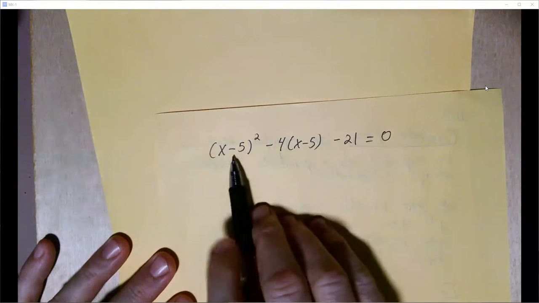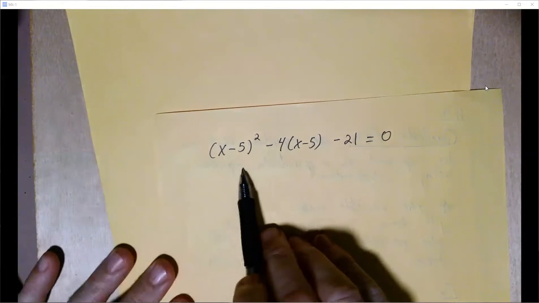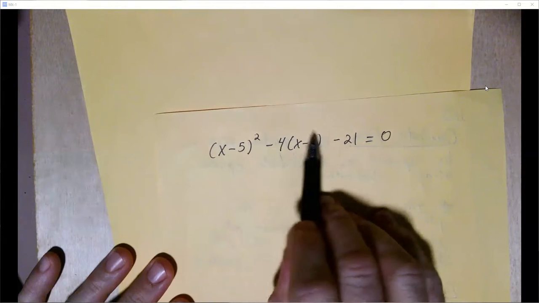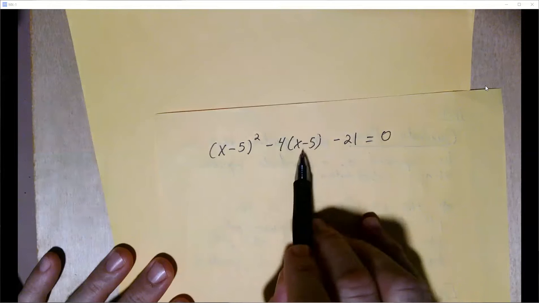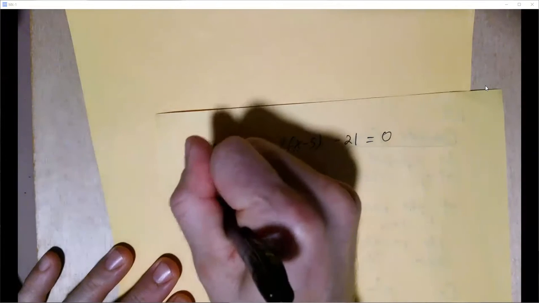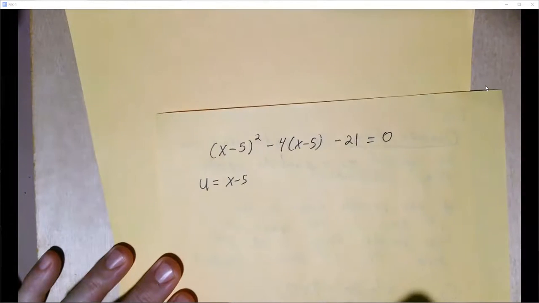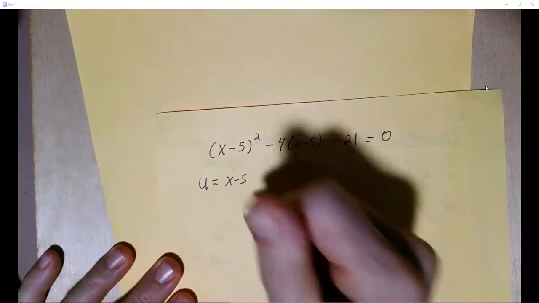Now it's tempting to multiply this out, distribute the 4, combine like terms, and you could do that. But again, this is my middle variable term. If I square this, I get that. So I can, again, use substitution. If I let u equal x minus 5, then this becomes u squared.